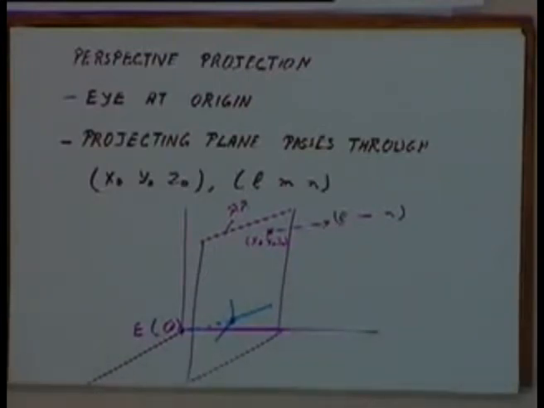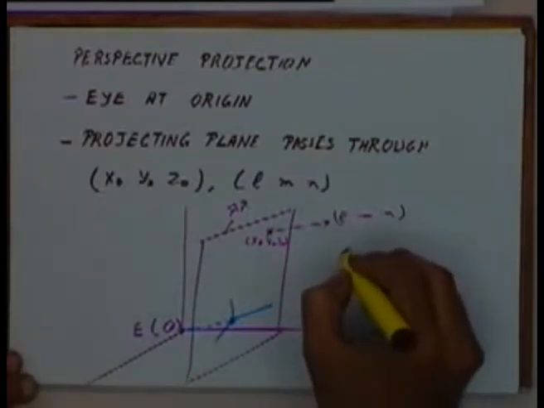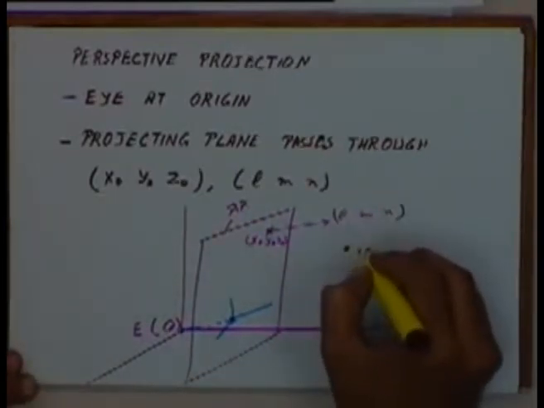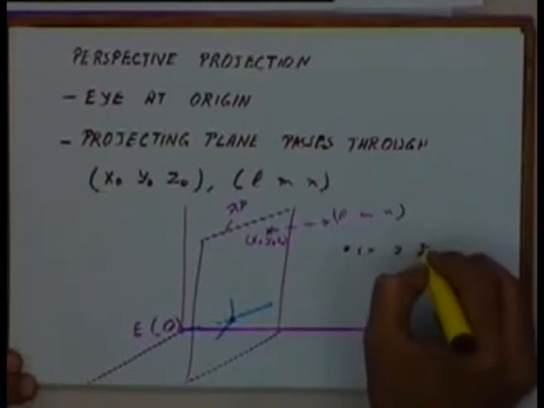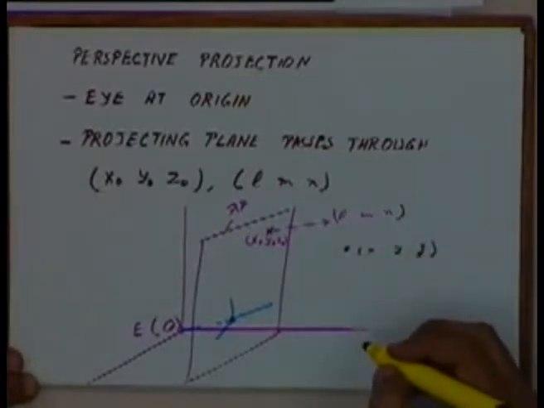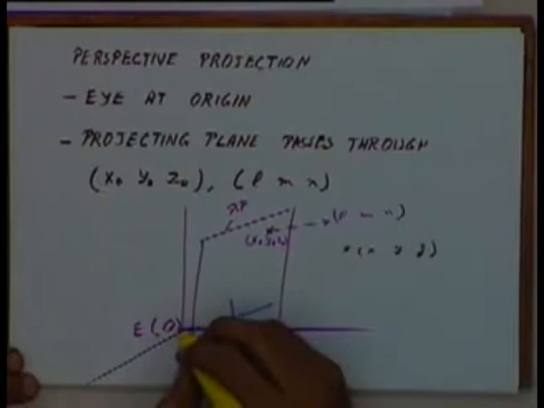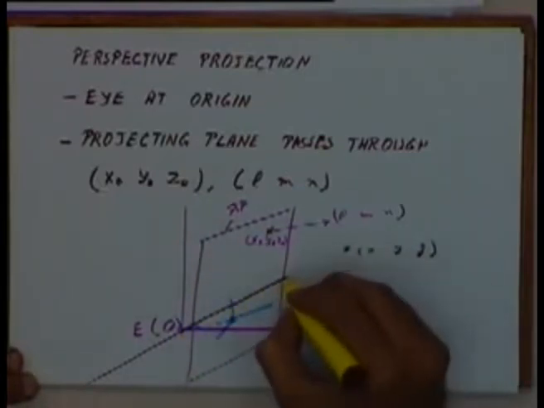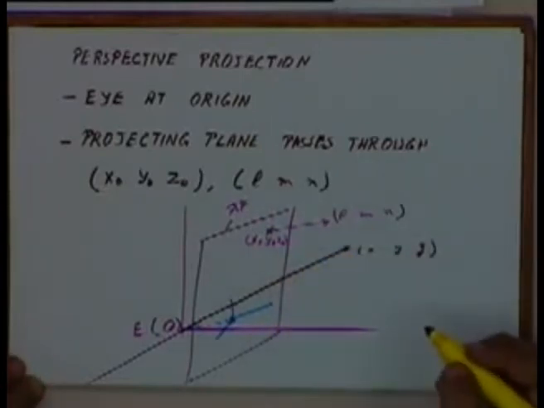Instead of that, we can again use our equations from geometry. If we have any arbitrary point here, that is the point x, y, z, and this point is transformed onto this plane, that will be the intersection of this line with the plane.